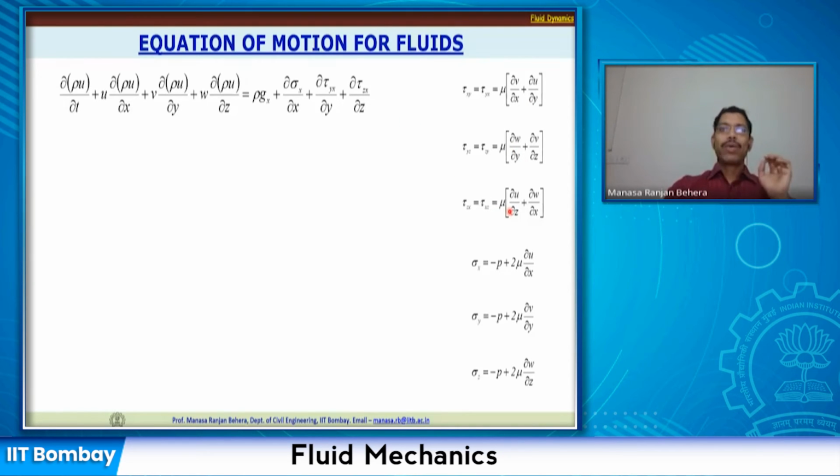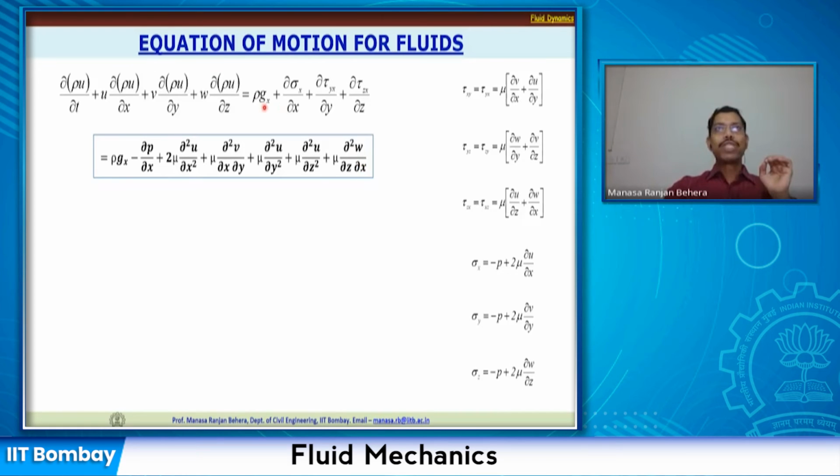Alright, so let us write down. I'm not writing the left hand side of this equation, I'm going to write only the right hand side and see how we can rewrite the equation. So we have this rho gx here. Now if you substitute sigma x as minus p plus 2 mu dou u by dou x, you can write minus dou p by dou x plus 2 mu dou square u by dou x square. Now similarly, let us substitute the term tau yx.